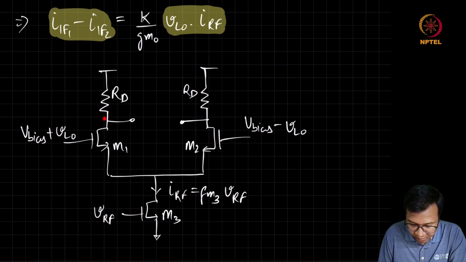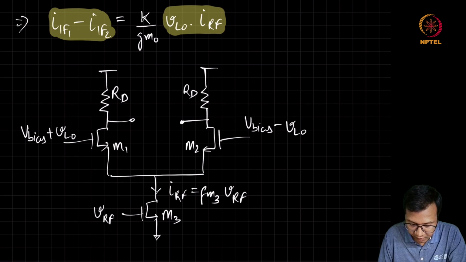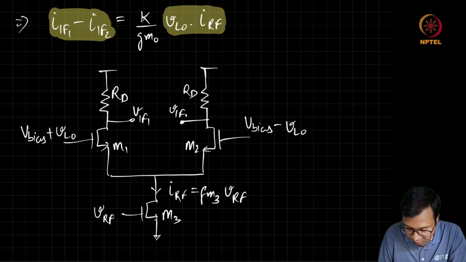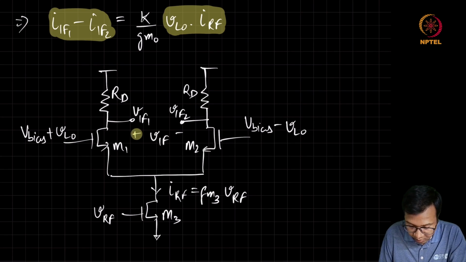Instead of taking these currents and trying to subtract them, we can convert this current into voltage. Say VIF1, VIF2. Define a VIF, which is a difference of VIF1 and VIF2.